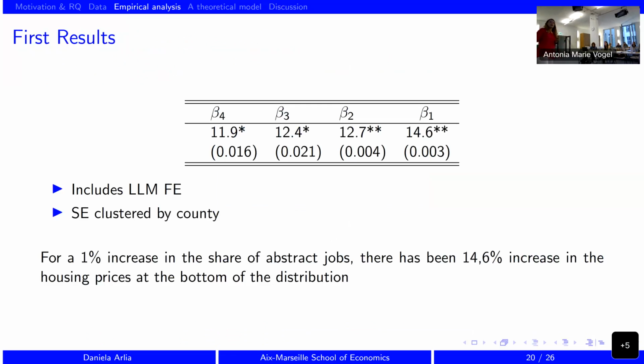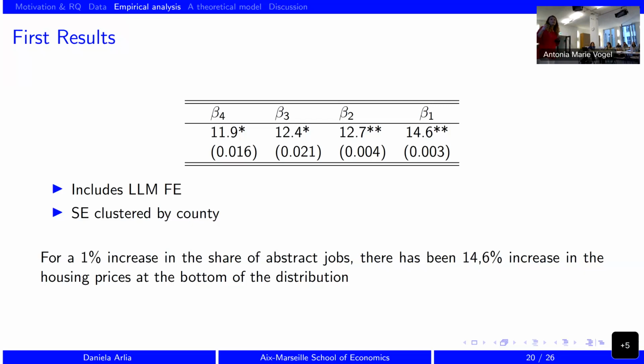So when I run my main regression, I'm fixing the share at 5 years before the initial period of observation, and I'm using the delta as the variation up to the period 2019, and I include local labor market fixed effects and the standard errors are clustered by county.